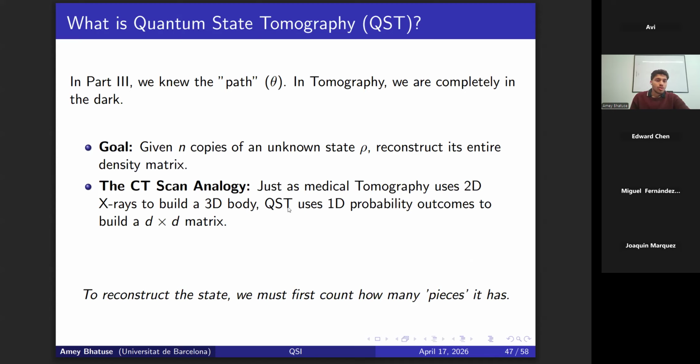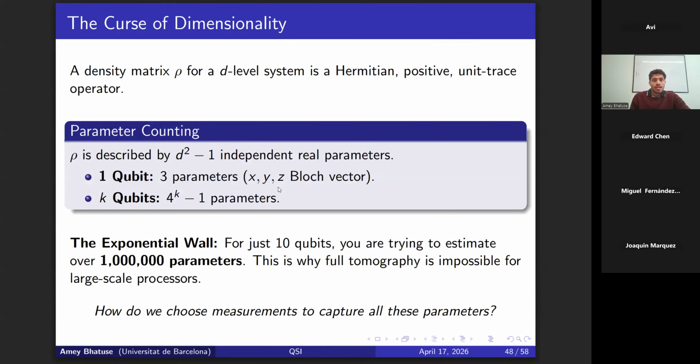The classical analogy for this is medical tomography, where you have 2D X-rays to build a 3D body. In quantum state tomography, you have 1D probability outcomes to build a D by D density matrix. Now, to reconstruct the state, we must first count how many pieces it has. It turns out to be a difficult problem because the density matrix is a D-level system, and there are D squared minus 1 independent real parameters.